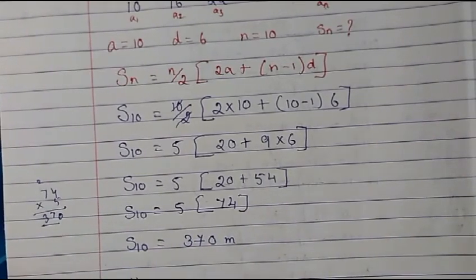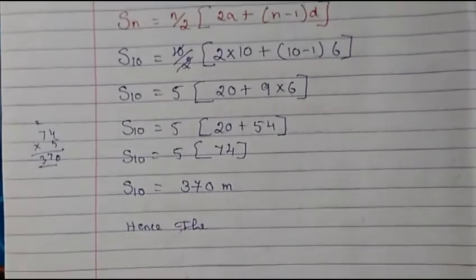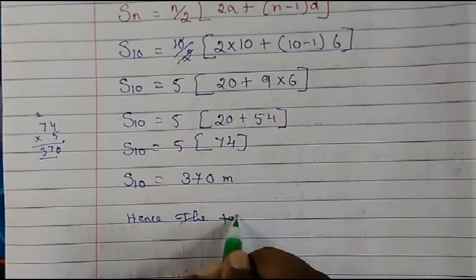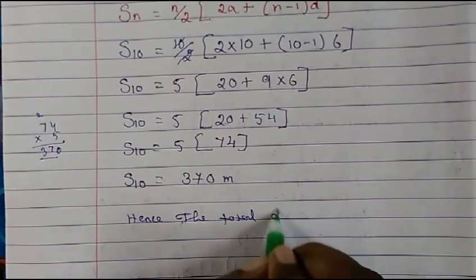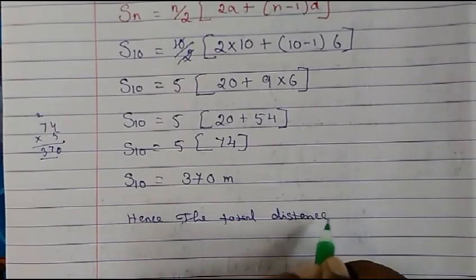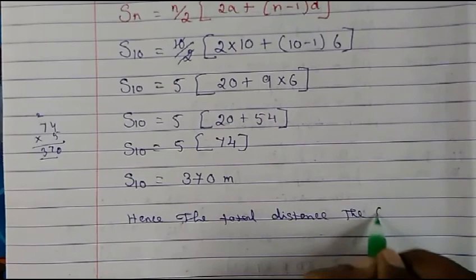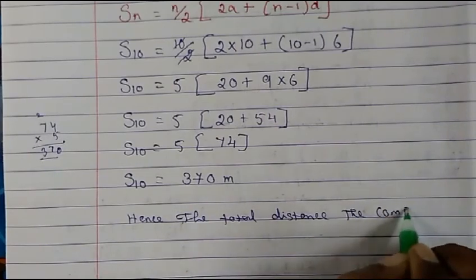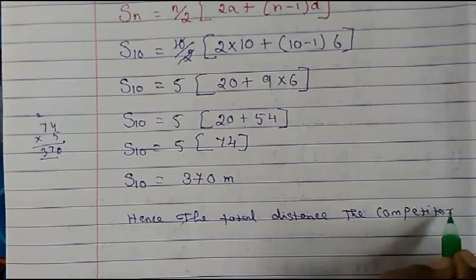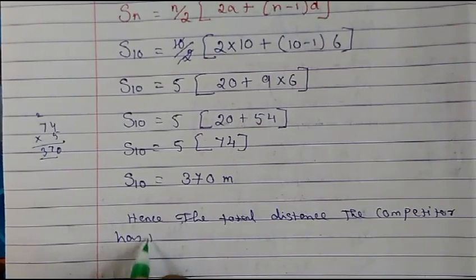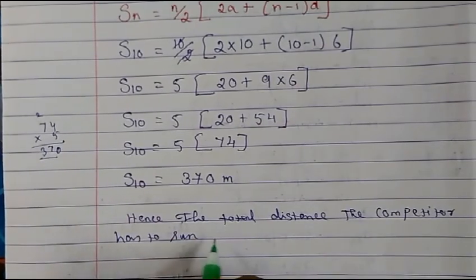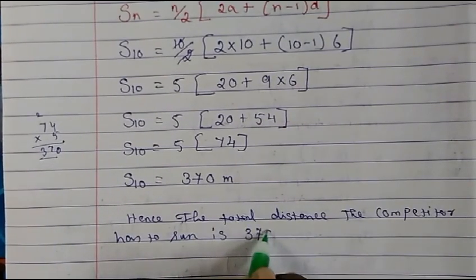So hence the total distance the competitor has to run is 370 meter. That's it.